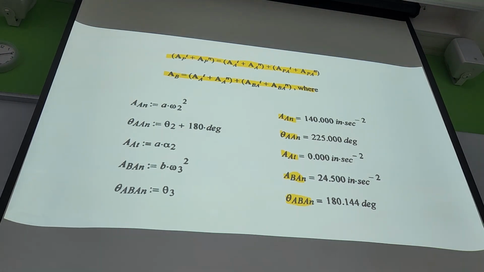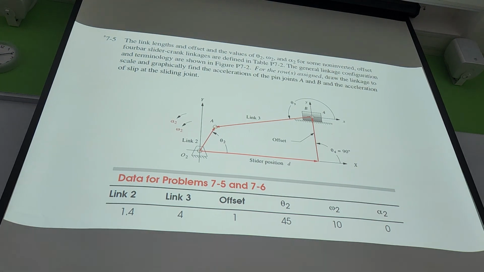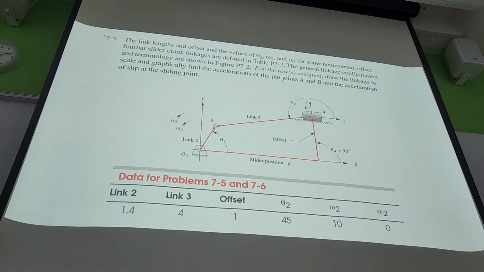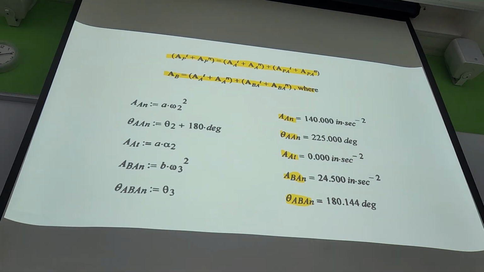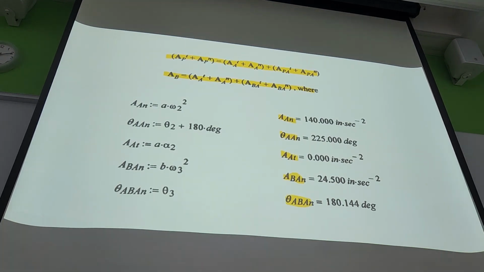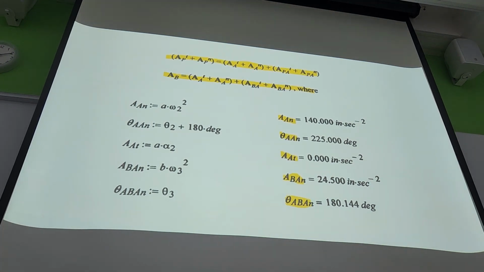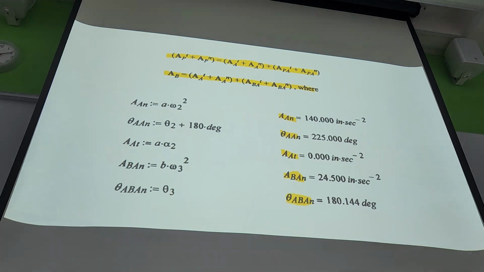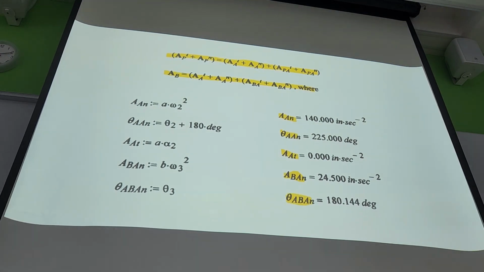This is the point A, and this is the point B, so you are linking these two points. You can write acceleration of B as acceleration of A. B has no normal component because it only has a tangential component. Normal component is 0.